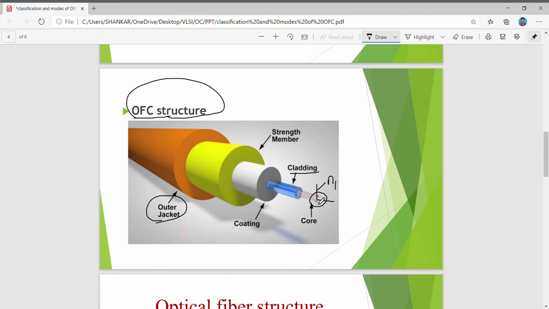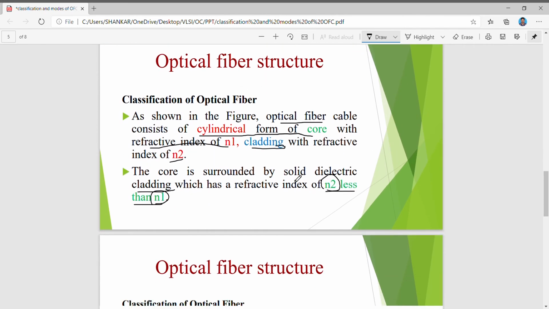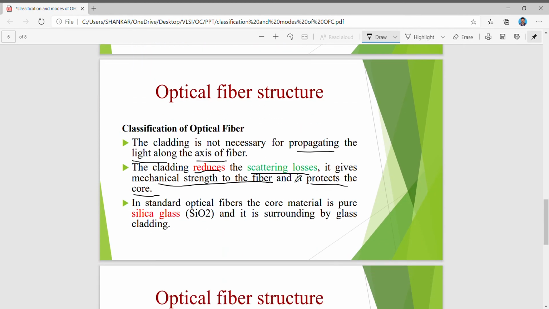So whatever light signal you propagate will travel inside the core only. That operation is handled by the cladding. And this cladding also gives the mechanical strength to the fiber, and it protects the core.